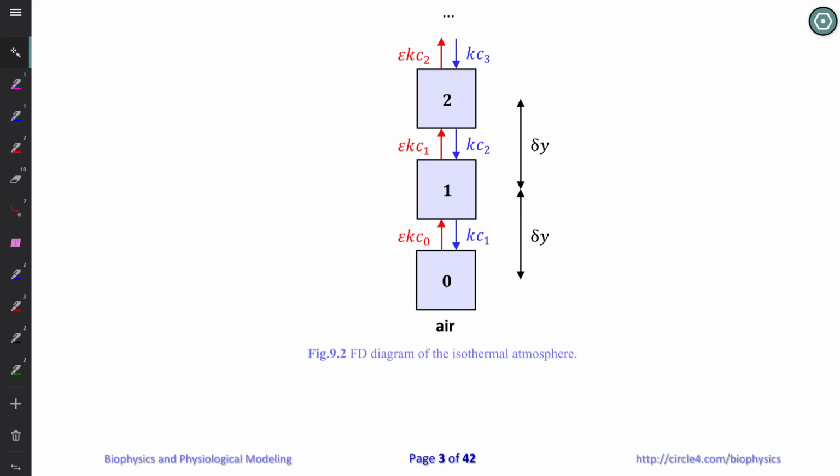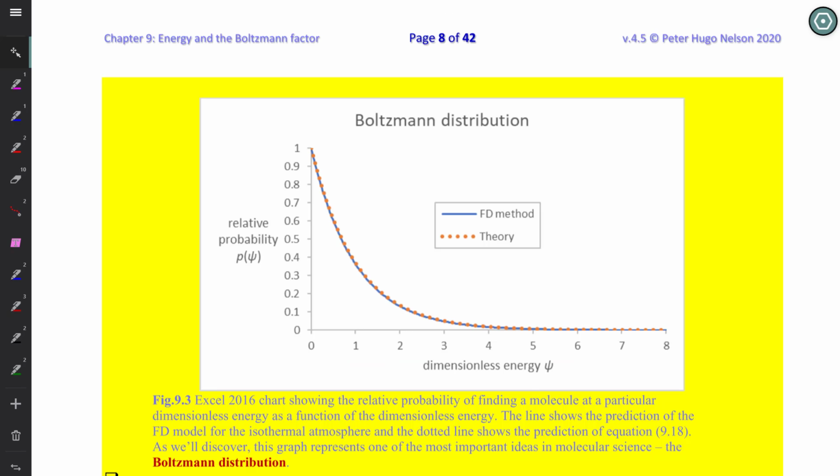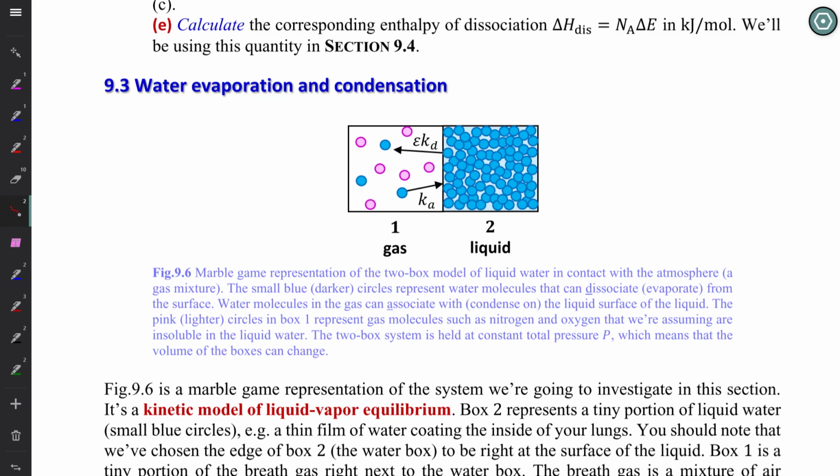In Chapter 9, students stack boxes of air one on top of the other to provide a finite difference model of the isothermal atmosphere. Using that model, they're able to predict the Boltzmann distribution, which then leads to the concept of a Boltzmann factor, which can be used to model a wide variety of molecular systems, starting with liquid-vapor equilibrium.